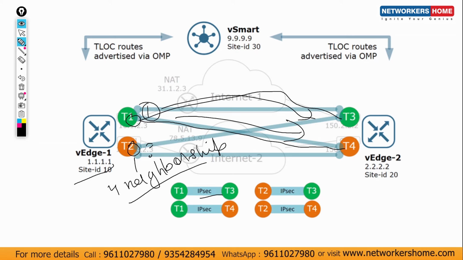That is a default behavior. But as we discussed, if you have another device here which is also part of site 20, it will not form any kind of TLOC tunnel with this device. That's a normal behavior.